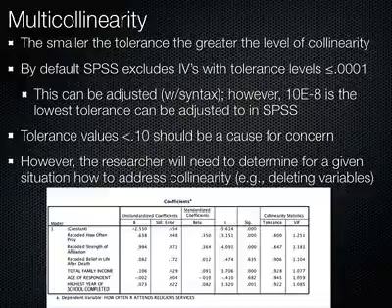It can be adjusted if you want to. So let's say you have good reason and you want to run the analysis, you can adjust it with syntax to a much smaller number. Extra credit to anybody who knows what it would be? 6 zeros, 0.000001. So you can adjust it to that low if you want to. And if you Google changing tolerance values in SPSS syntax, you can find out how to do it.